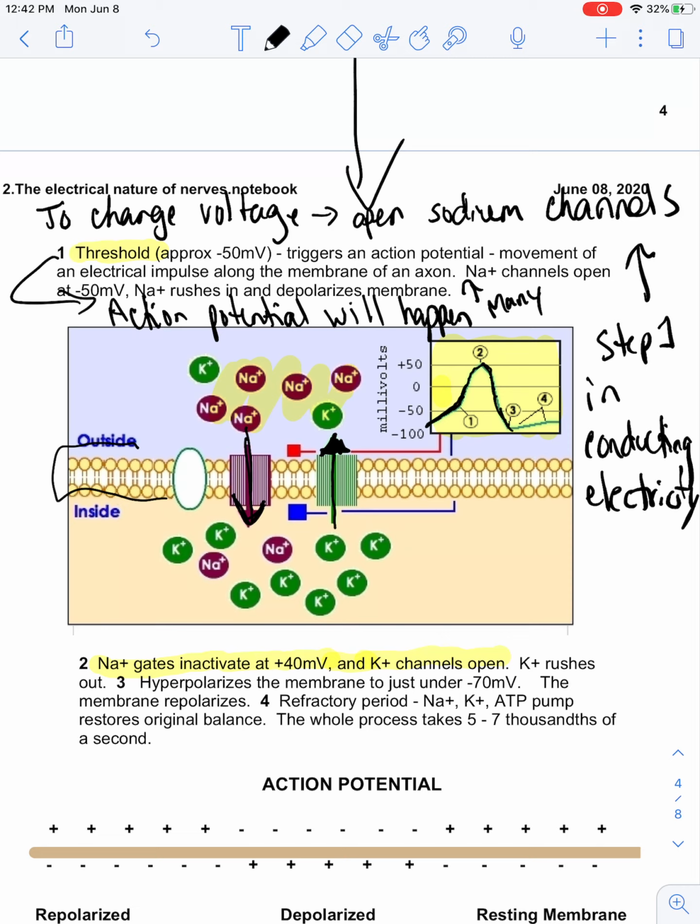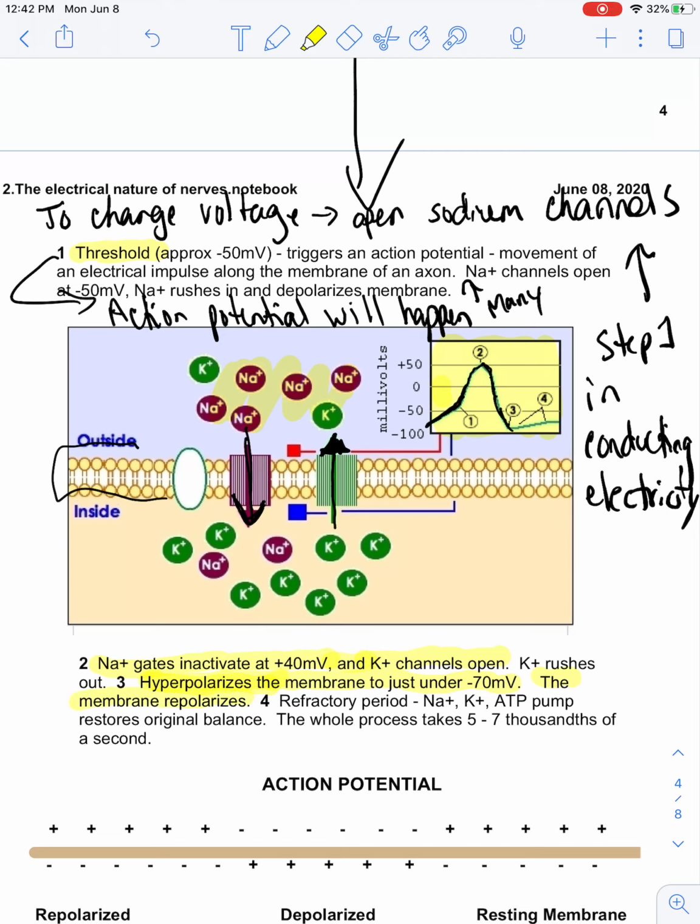And then it's going to dip a little lower than when it even started, so a little lower than negative 70. And that's called hyperpolarization. So it over polarizes. Remember, we're trying to get back to negative 70 here, and we actually went below.